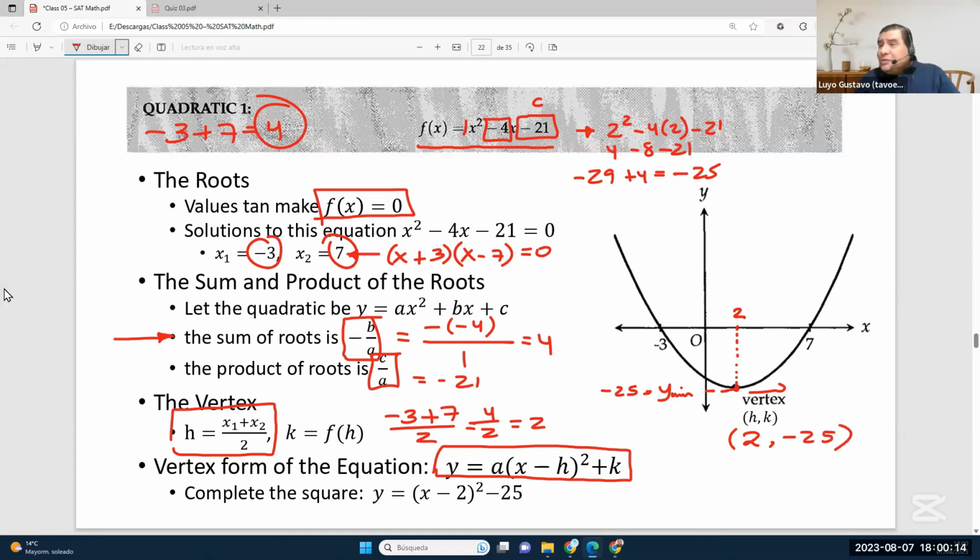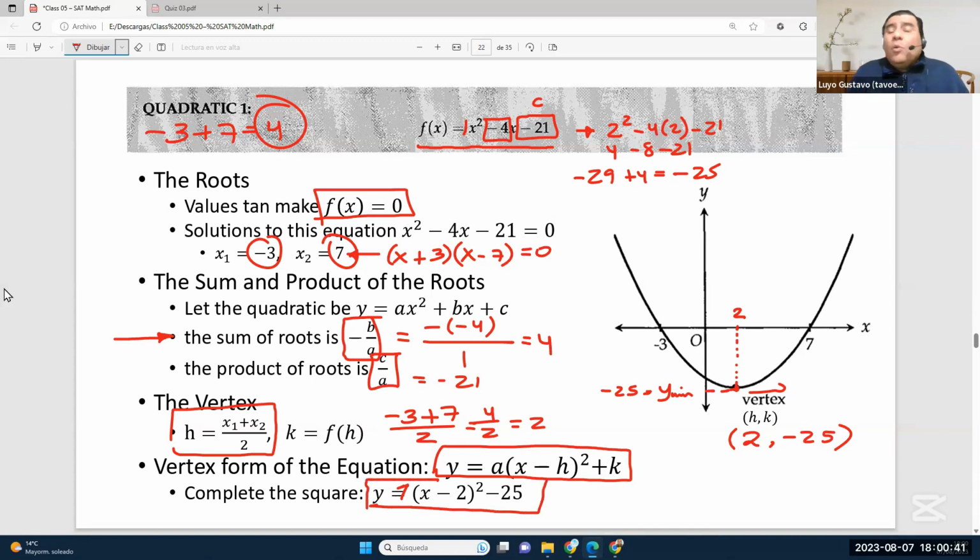So if we use these two values, we can form the equation directly. A equals 1 in the original function f. So it's 1 times x minus 2 squared, take away 25, or plus negative 25. Okay, so this would be the vertex form.